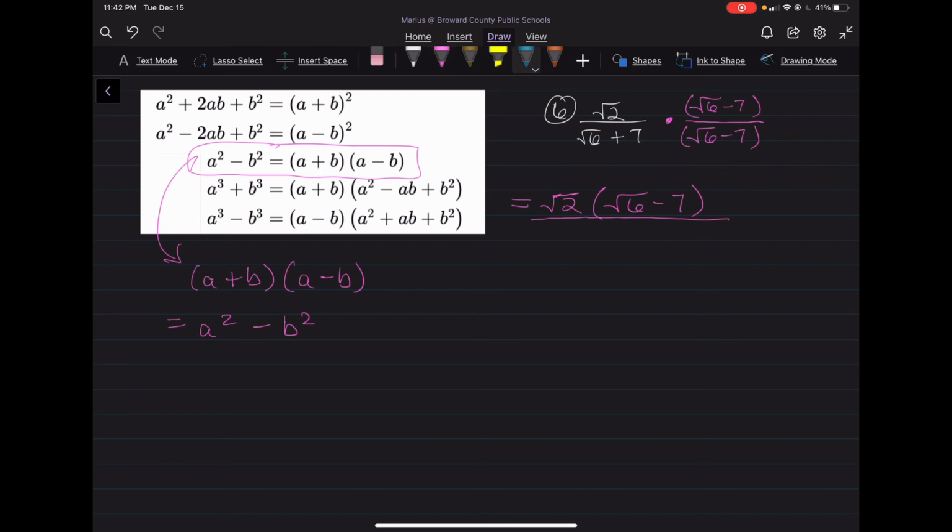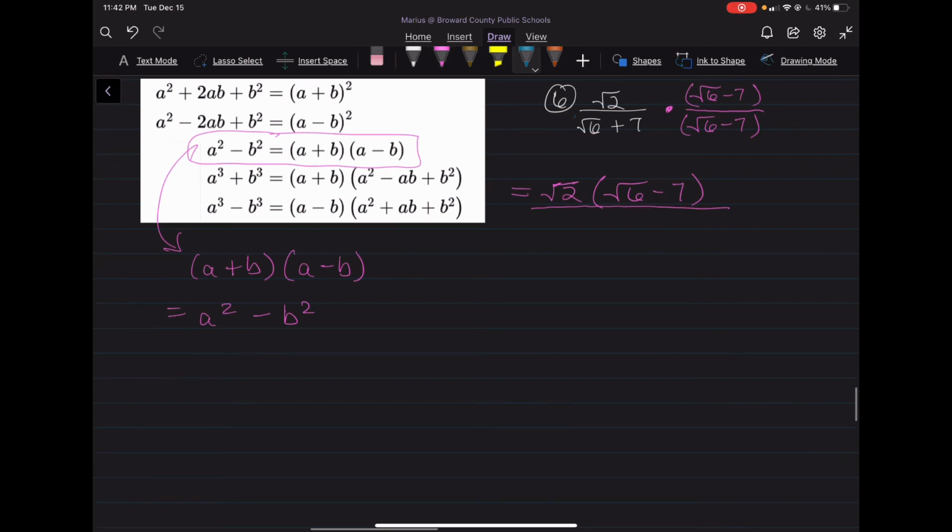Now, here, let me put parentheses around it. This is our a plus b here, and this is our a minus b there. So now we can just use that formula. It's going to be a squared minus b squared. So a squared, which is the square root of 6 squared, minus b squared.